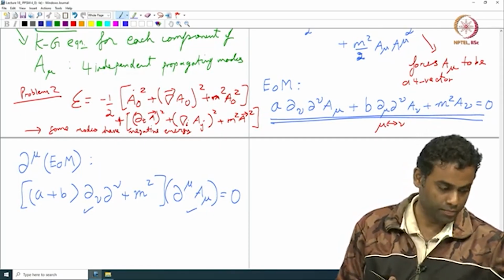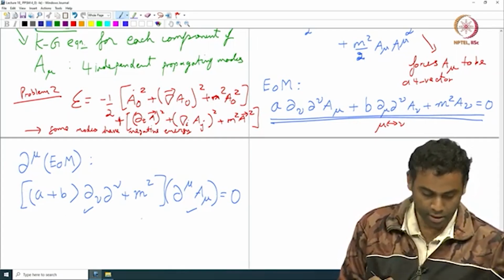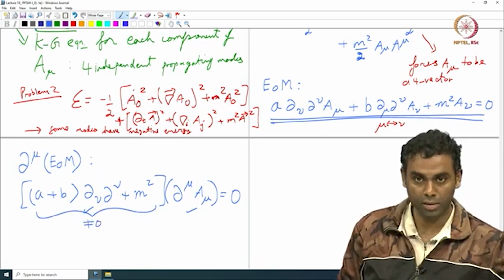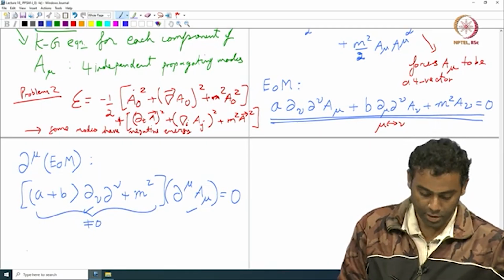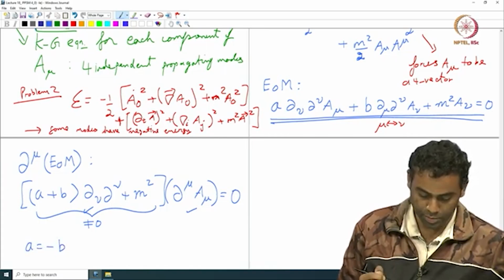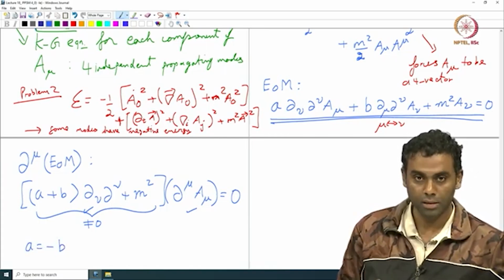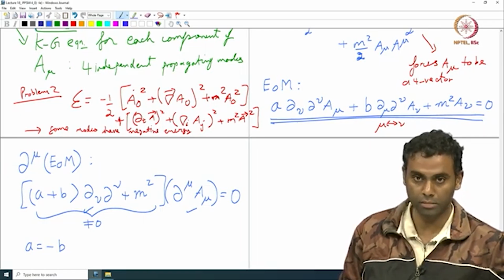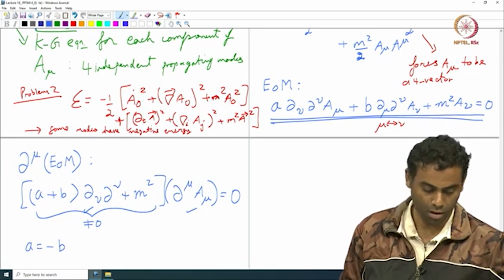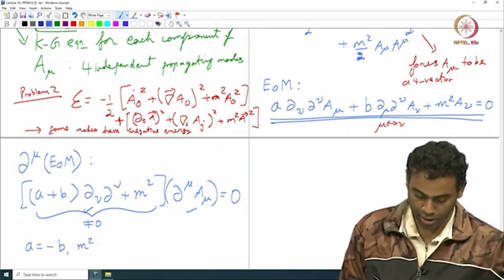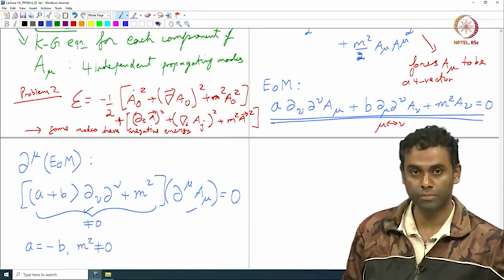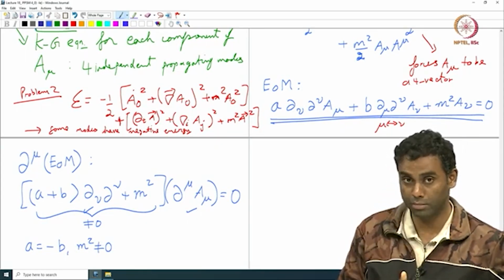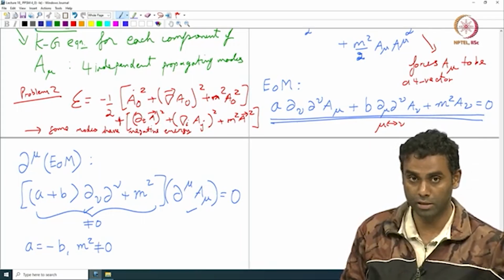Now here is the thing, okay, generically this term is not 0, correct. Even if I set A equals minus B such that there is no kinetic term over here, right, as long as I have m square not equal to 0, because I have the freedom to choose A and B, but I do not have the freedom to choose m squared generically.